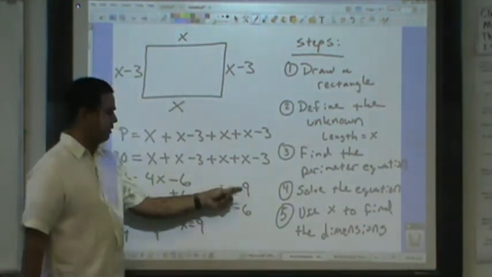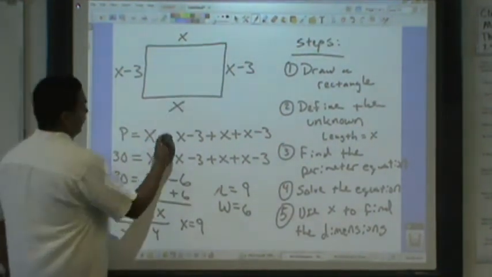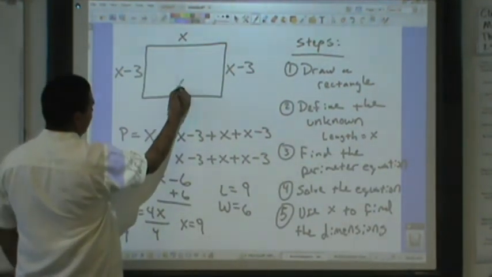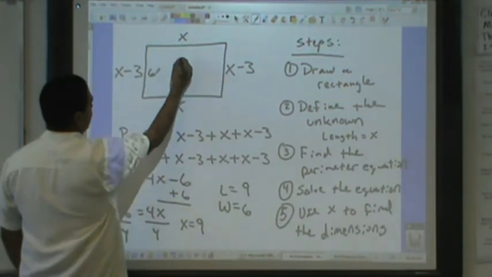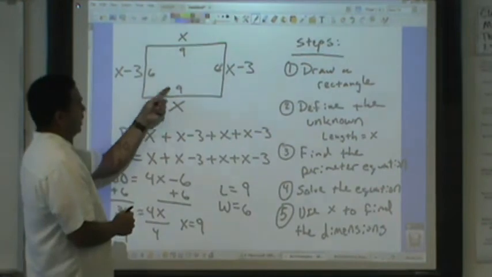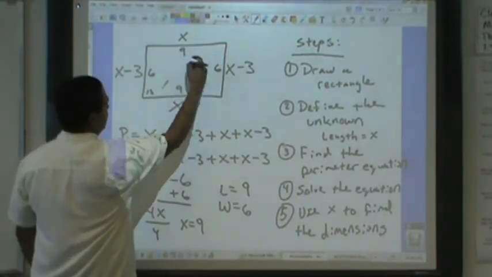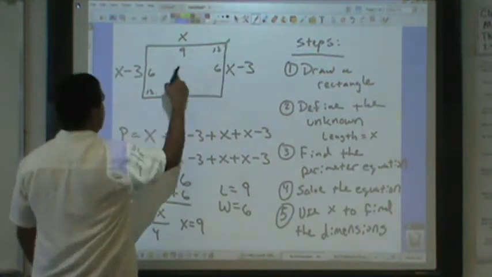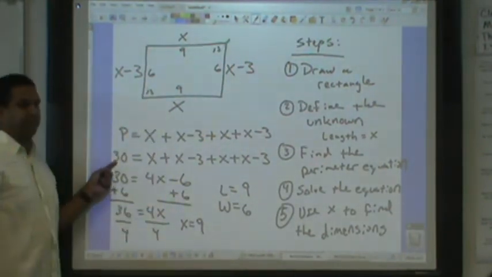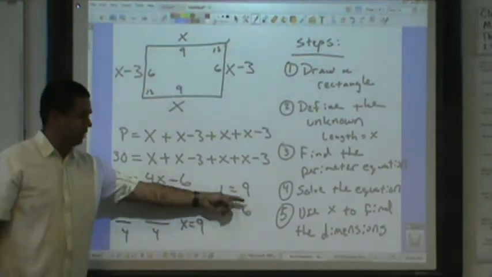And if you add this up, you do get 30. If this is 9, this is 6, this was 9, this was 6. 9 plus 6 is 15, and 15 and 15 is 30. So it works. And this is 3 feet less than this one.